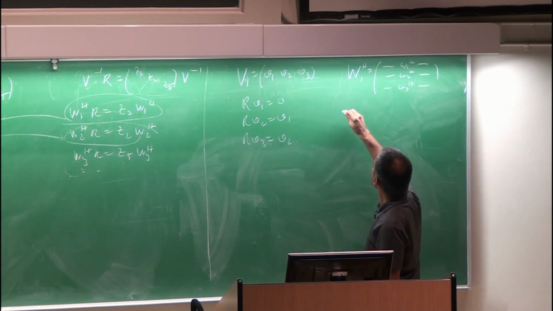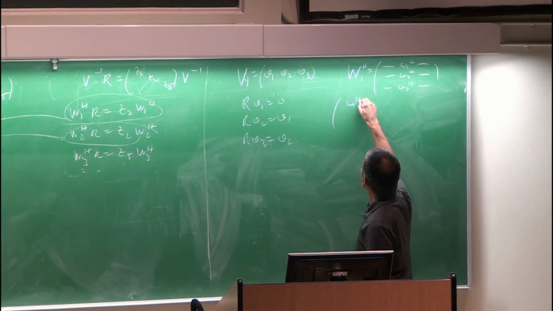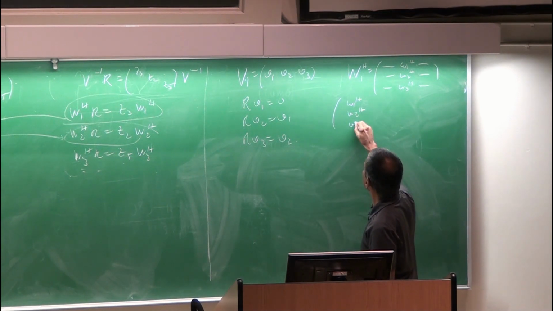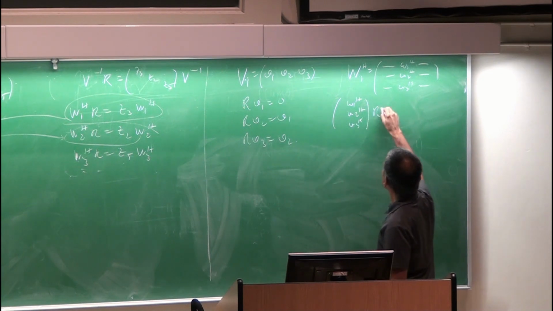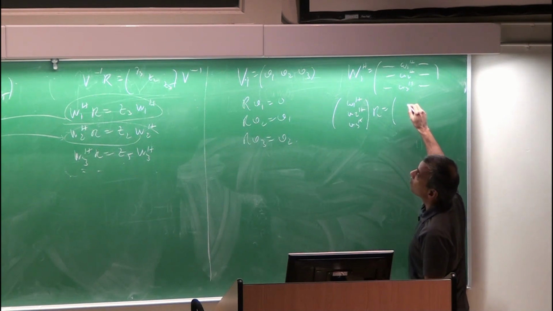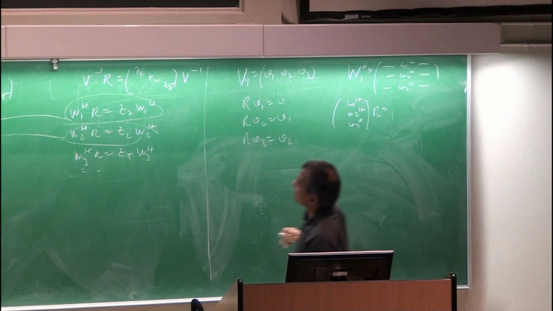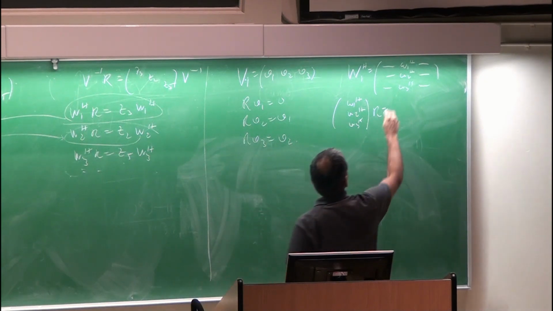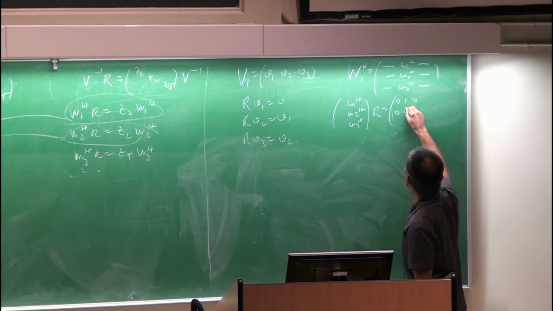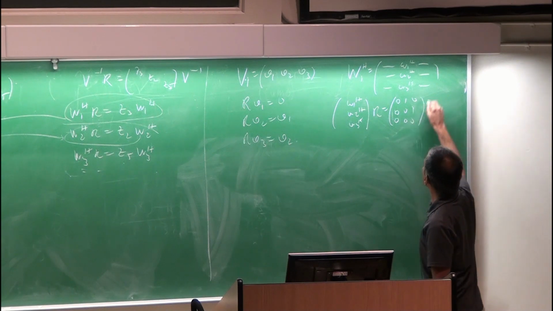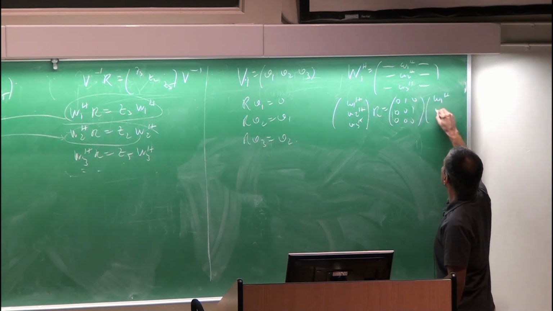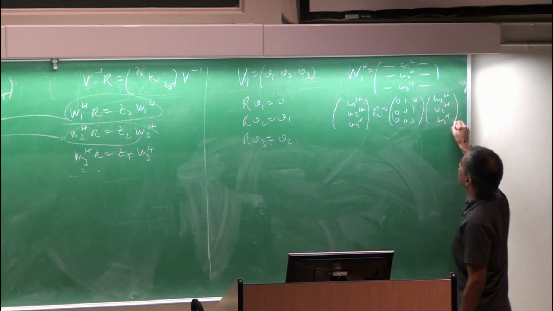Okay, what about for this one? For this one, we have W1H, W2H, W3H times R is equal to Z3, okay. So 0, 1, 0, 0, 0, 1, 0, 0, 0, and then you have W1H, W2H, and W3H, like that.